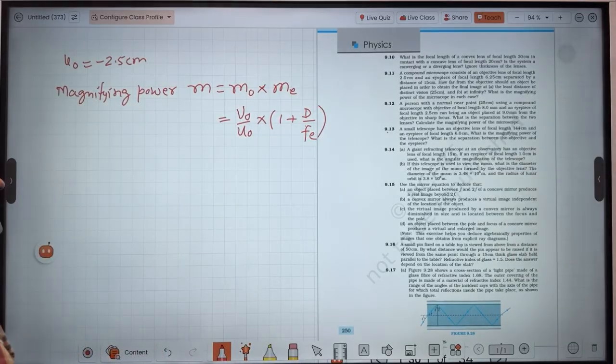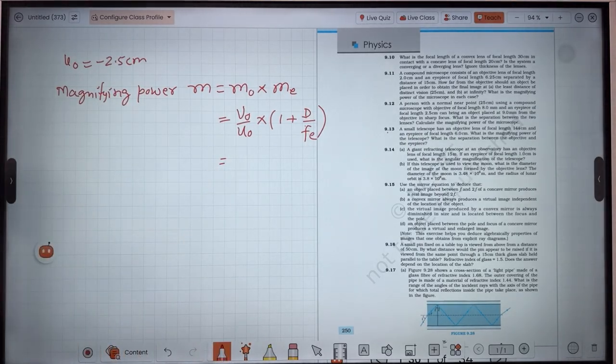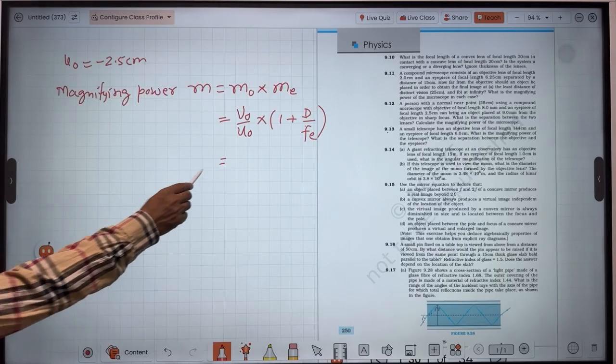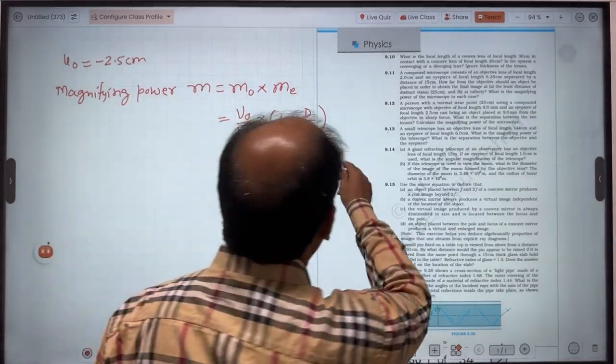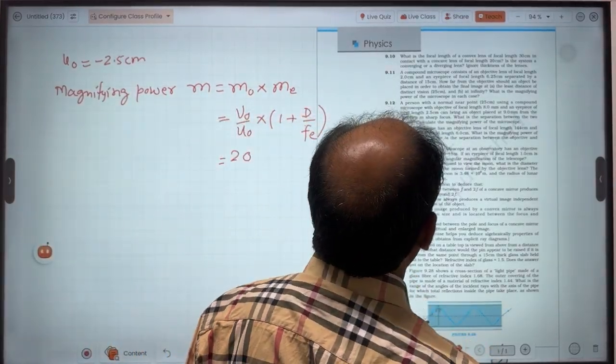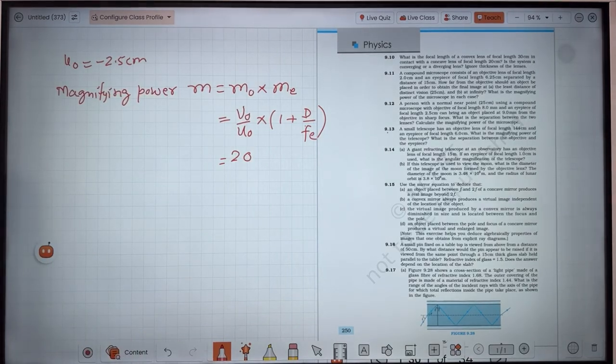D is the least distance of distinct vision, which is given as 25 centimeter. Other values we have obtained, we can put the values, and hence we will get the value as 20. Other values we have evaluated, what is VO and what is UO, and FE is also given in our question. And in the second case, when the final image is formed at infinity, then what happens?